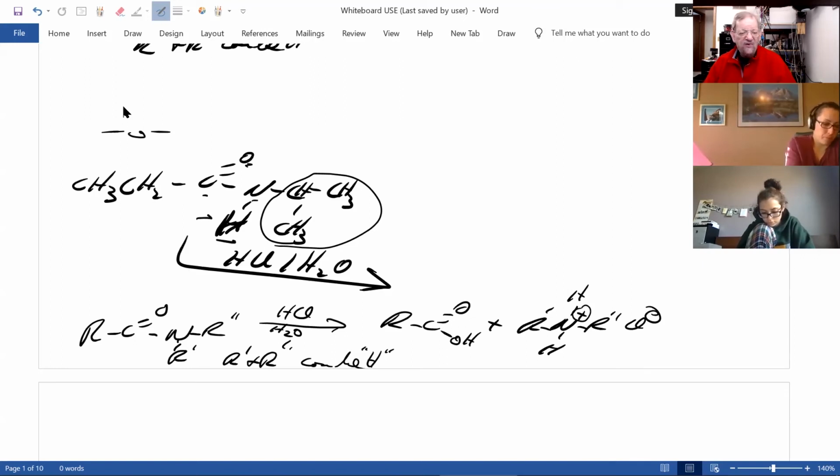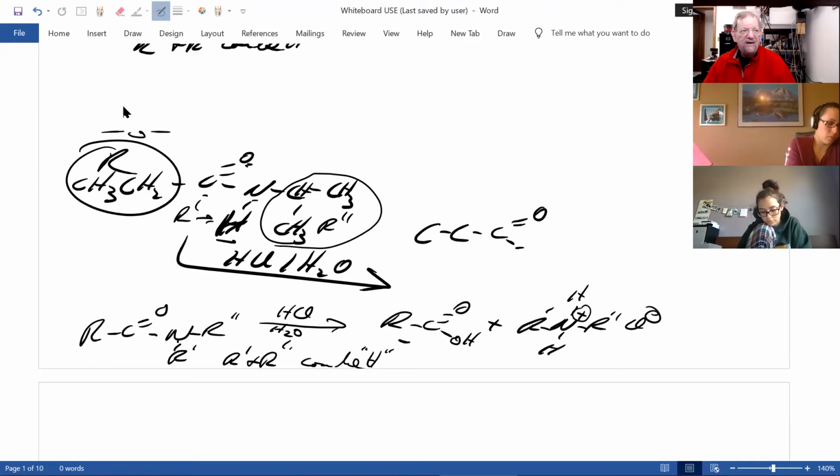So let's call this R prime, this R double prime, this R. Therefore, my carboxylic acid will be that. Then I'll move up here. R prime is hydrogen. Add another hydrogen, add another hydrogen, because I'm adding, notice I add two more hydrogens.